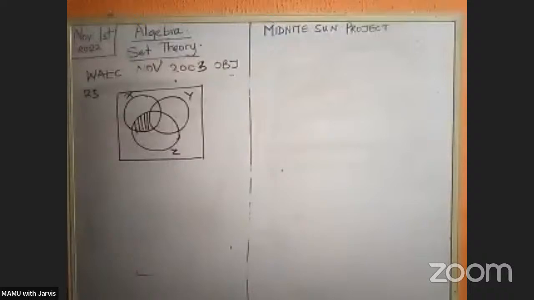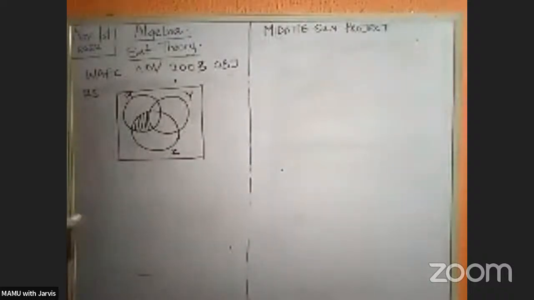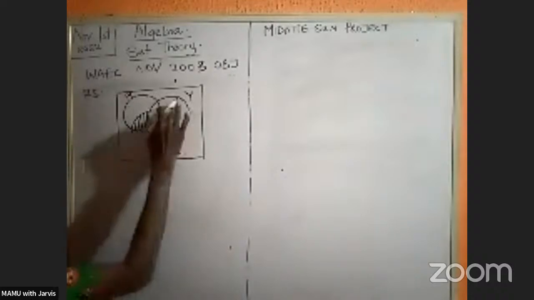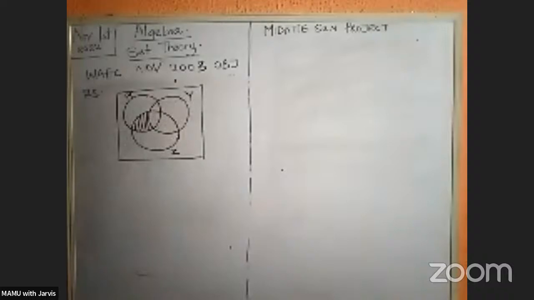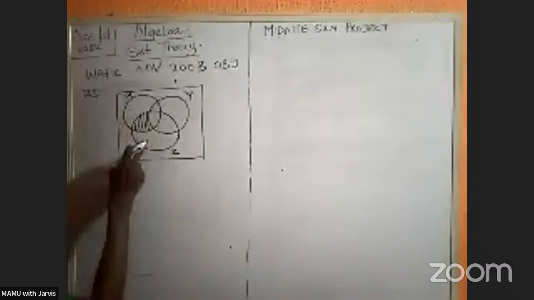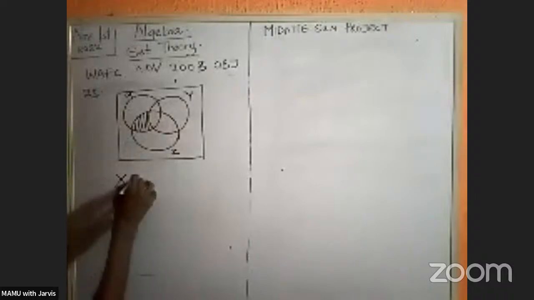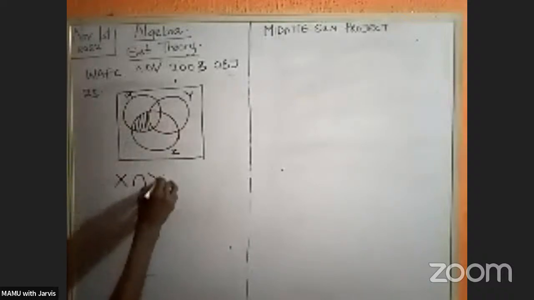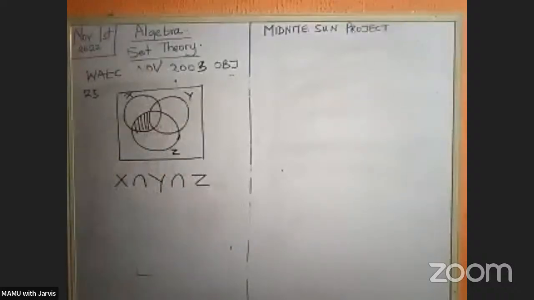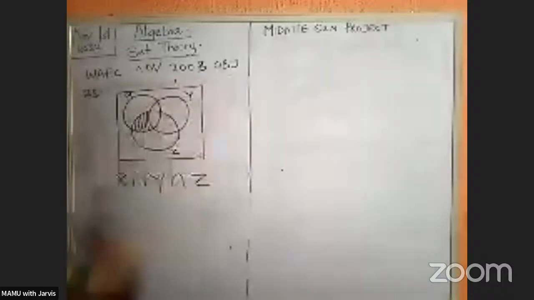If you look at this carefully, the shading is between X and Z, but does not include Y. So it will be X intersecting with Y, intersecting with Z. They are all intersecting. Do you understand? But we don't want Y to be included.